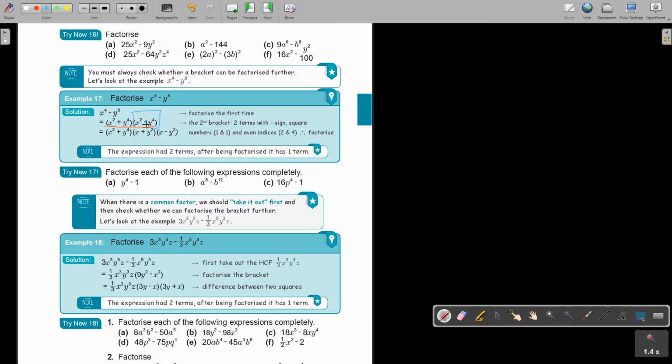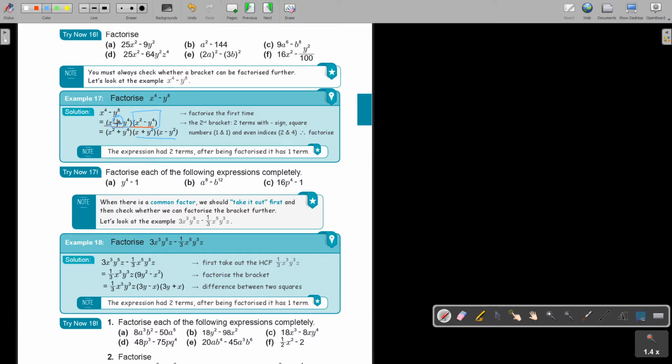The numbers are 1 and 1, which are square numbers, and the exponents are divisible by 2. So basically this one I can factorize again into this. And this 2 divided by 2 is 1, 4 divided by 2 is 2. Now some of the students will say, but Miss, why can you not do it with that one also? The reason is because there's a positive.